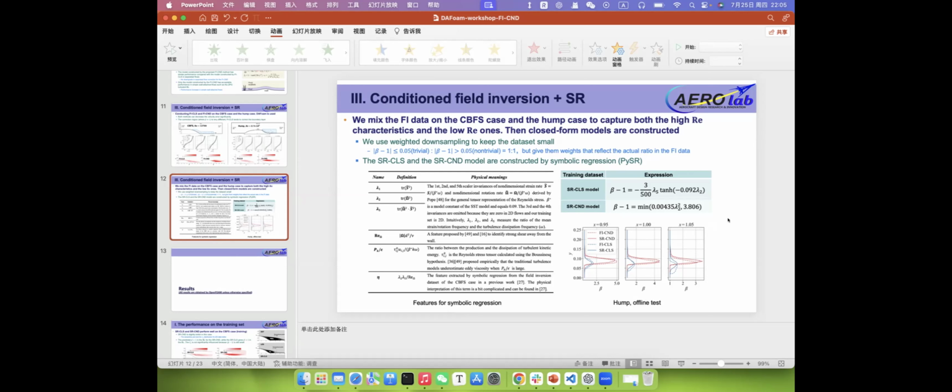No. You provide the element functions, and then the symbolic regression will combine them like a tree and get the final expression.